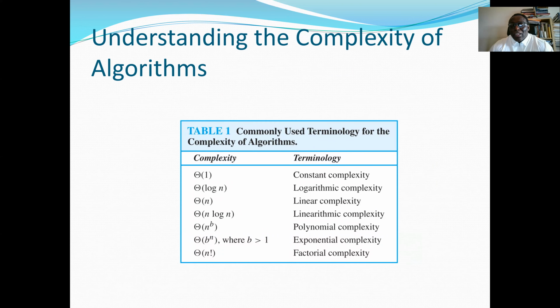Then big theta of n log n will be linearithmic complexity. Then n to the power b will be polynomial, and b to the power n exponential. Why is it exponential? Because this time we have n, the variable, as our exponent. Then we also have factorial complexity.